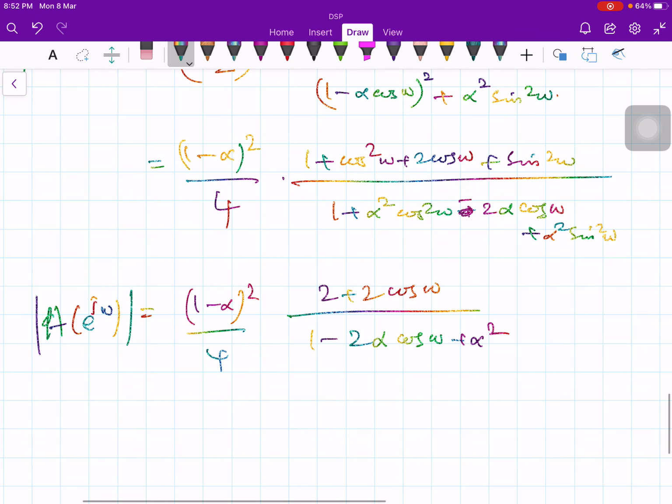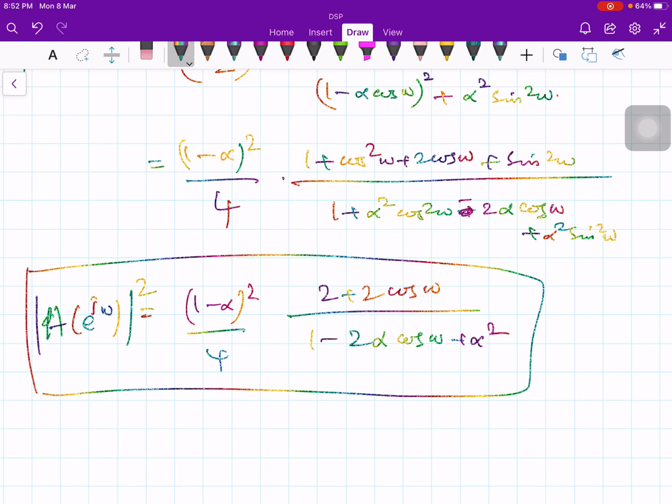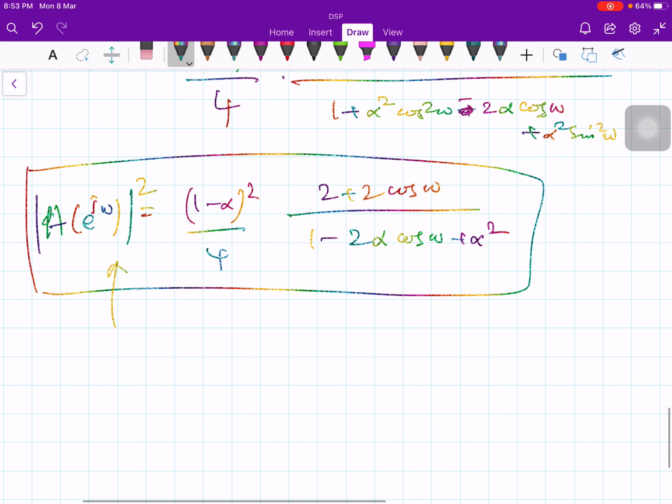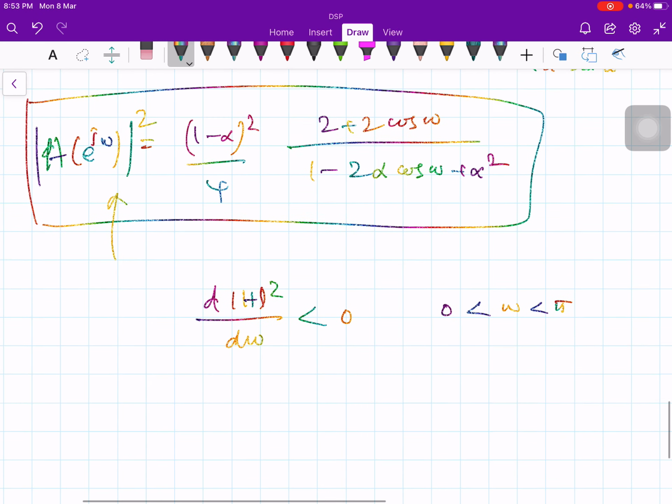Now if you plot this magnitude square characteristic, you can show by differentiating it that the magnitude response is monotonic. That is, the derivative with respect to omega is less than 0 in the range 0 to pi.